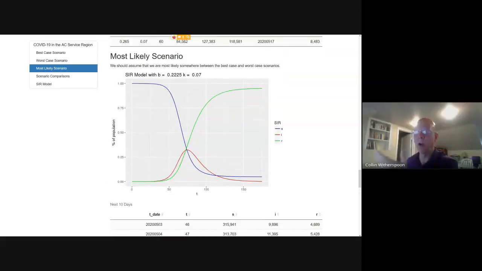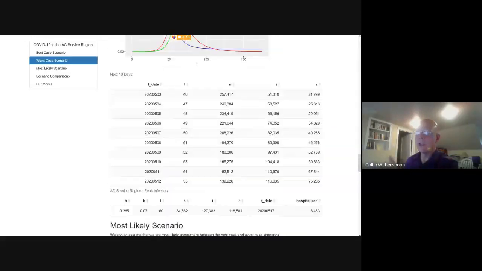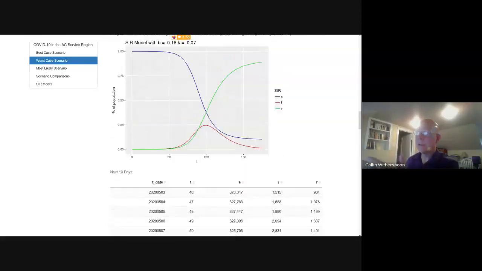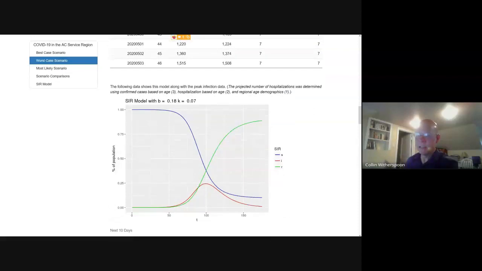Yes, we have problems. So the problem is going to be this. What I believe is going to happen within the next few days is that the best case, because 2 days ago, the best case for AC service region was 0.17. So this is just going to start ticking up.